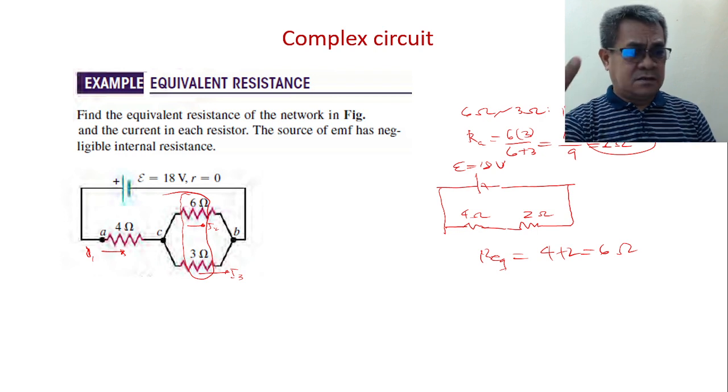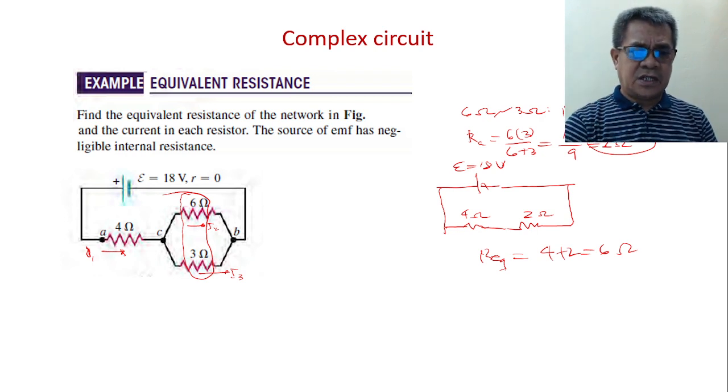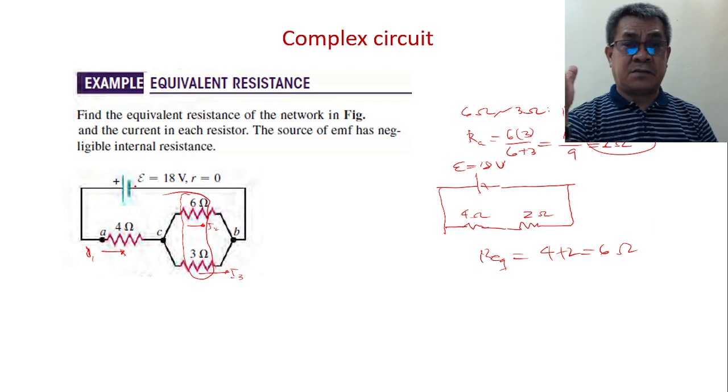Okay, then the best way to do it is you can directly solve. Take note that the 4 ohms is in series with the source. What does it mean? The 4 ohms is in series with the 12 volts EMF. In series, remember, current is constant.